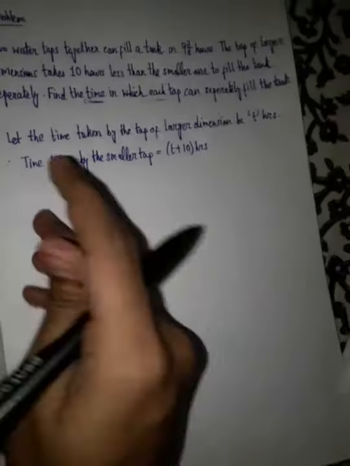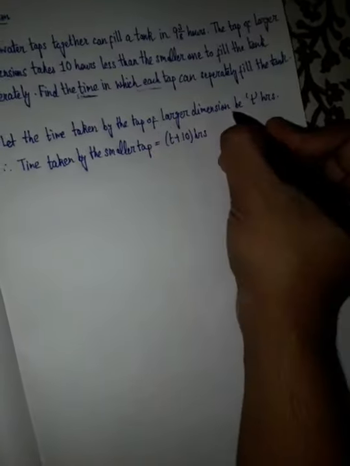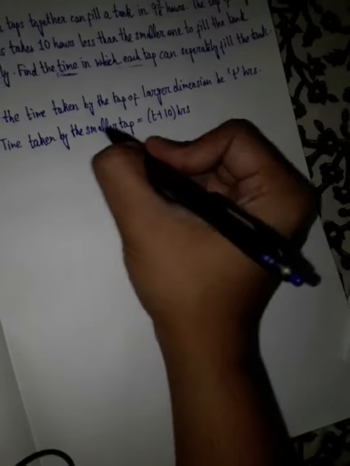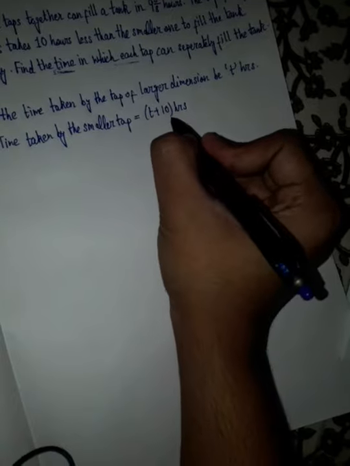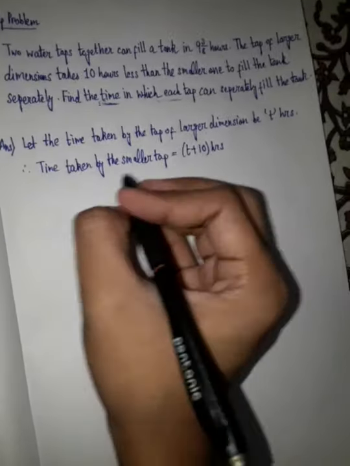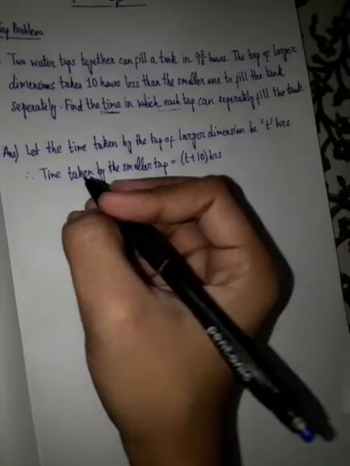Okay, so the tap of larger dimension fills the whole tank in t hours and the smaller tap in t plus 10 hours. So we'll need to find the part of the tank filled in 1 hour by each tap separately.